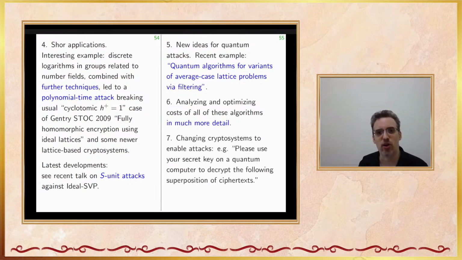And last category, if you run out of other ideas for breaking things with quantum algorithms, then just try changing the crypto systems. Now, you can justify this by saying, well, maybe the user is going to do this. For instance, maybe the actual legitimate user is going to have the secret key.